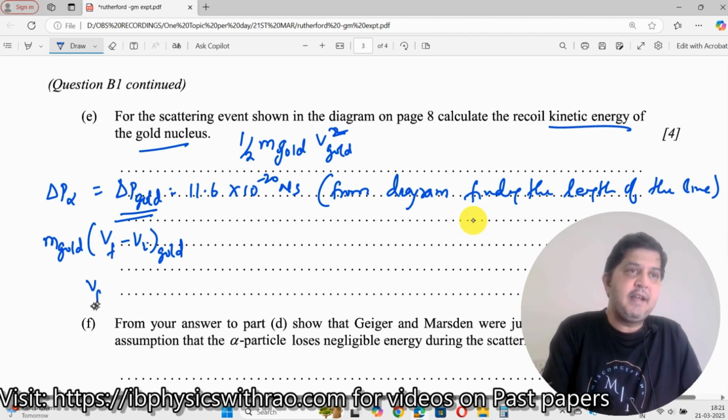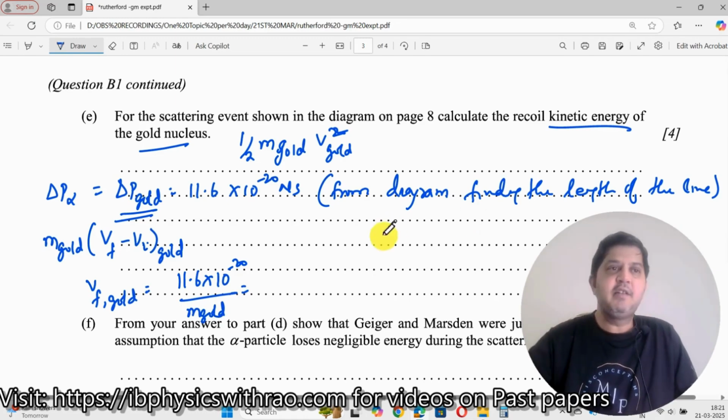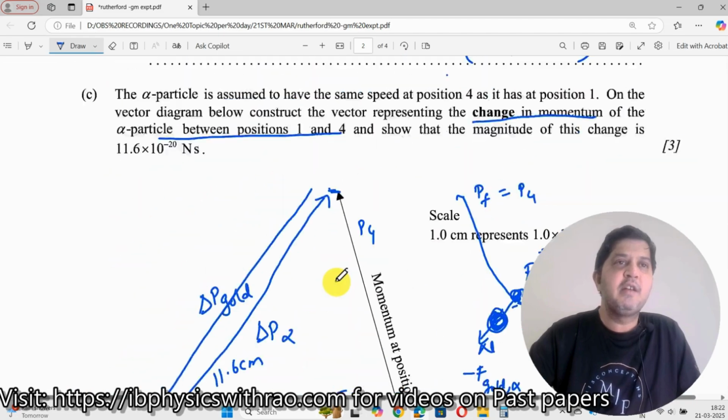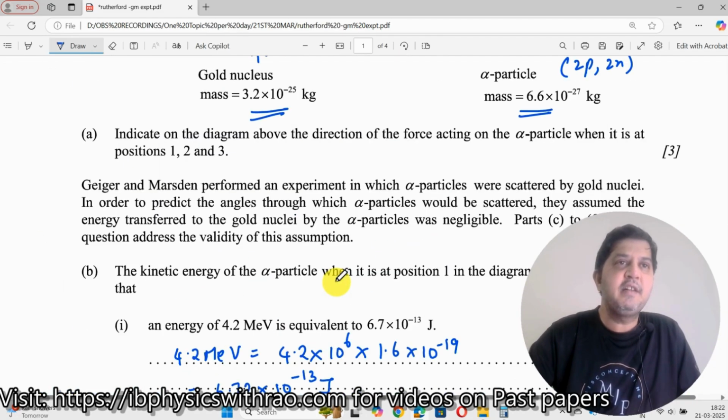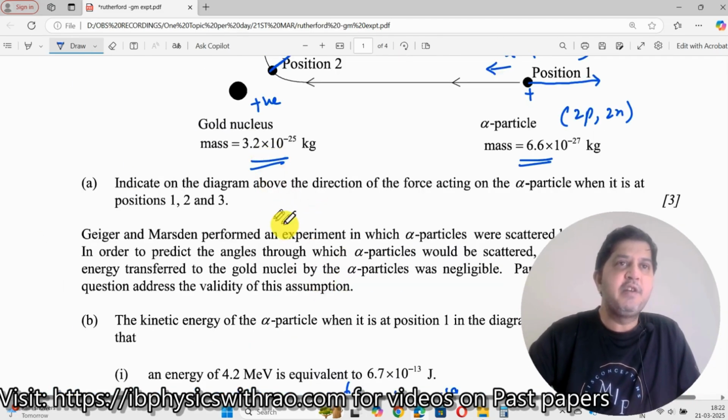So V final of gold will now be equal to 11.6 into 10 to the power of minus 20 divided by M gold. Let us find out the value of M gold. M gold value is given here as 3.2 into 10 power minus 25.